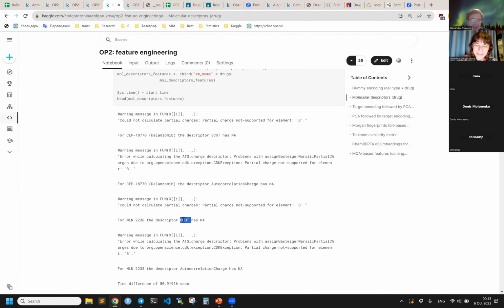You can Google this molecule descriptor and see what it does, what it calculates, and you will know why this molecule does not have to calculate this stuff. But we can say already, 100%, that these two are outliers based on chemical structure. Very interesting. Thank you.